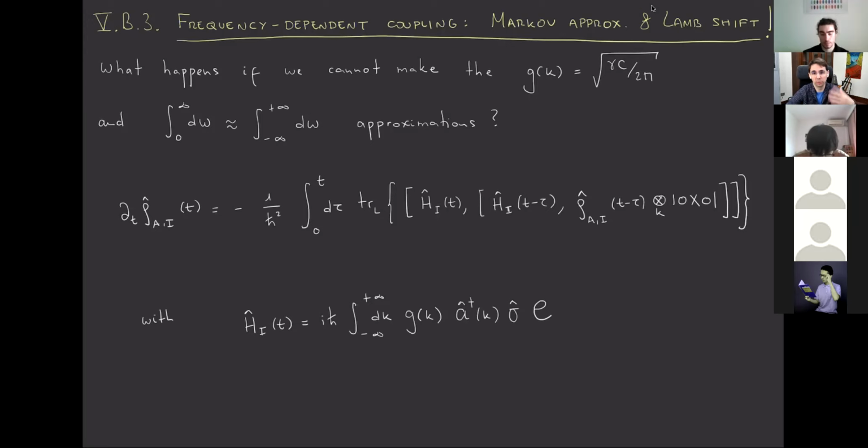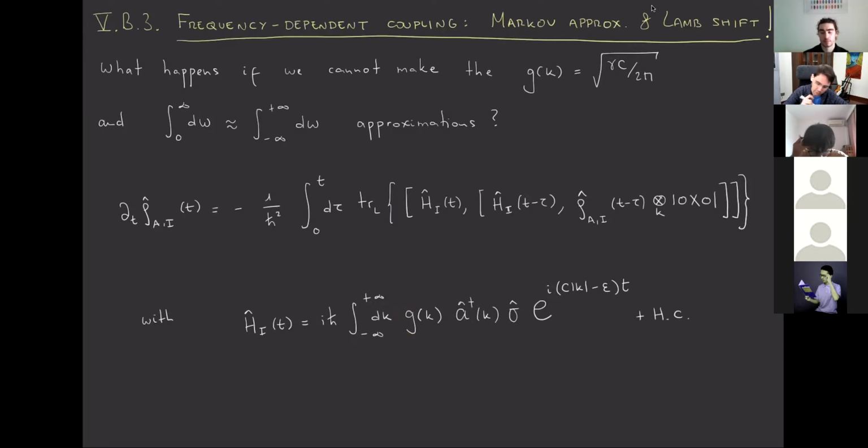So all the atomic Hamiltonian is just the free evolution of the atom. And then in that situation, you get here a factor that reads like this. Okay? So this essentially describes the problem within the Born approximation. And now we are going to try to push the situation from here without assuming that g of k is independent of k, or that we can extend the integration over frequencies to minus infinity, okay?